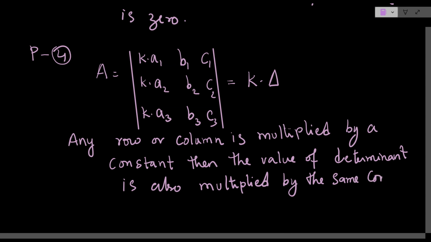So whatever you do, multiply, add, subtract, divide, the same thing is done with the final answer of the determinant. This is property 4.